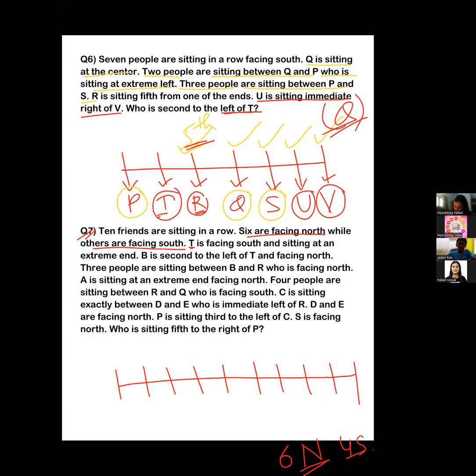Ma'am, it was a little lengthier, no? Chalo, tell me what you are getting from this end. First, tell me the arrangement only. Directions we'll see later on. T, Q, B, D, C, E, R, P. And here it wasn't given any letter, so can you put any letter?